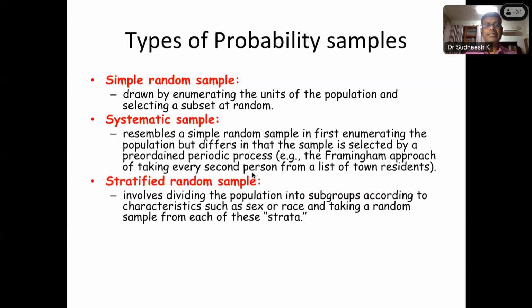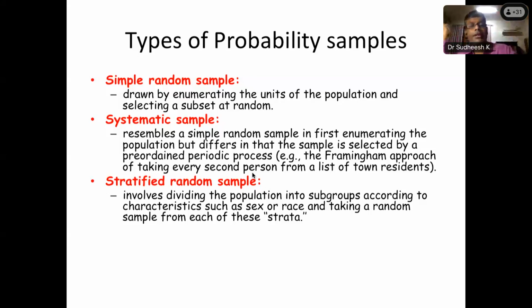And next is stratified random sampling. This is, for example, when you are trying to do a larger study and you want a diverse population to be included in the study for better results. So let us say an example where you are studying the effect of stress on school students. You want to understand how the students behave at various ages.